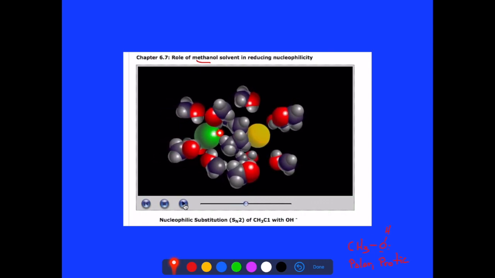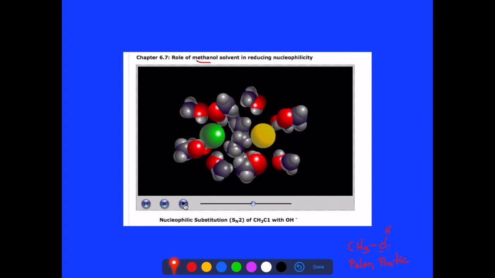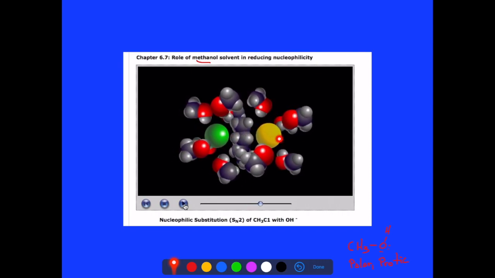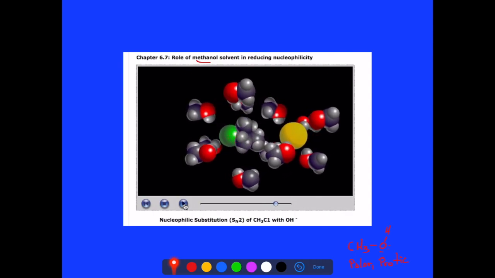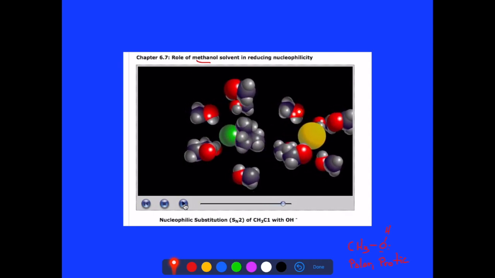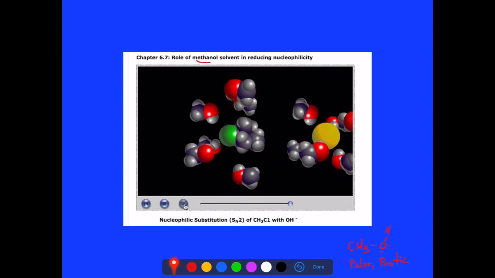Eventually, the OH does come in, it reacts through an SN2 mechanism, and the chlorine goes away. Just like chlorine, the methanol molecules are surrounding it. Because they have the ability to form hydrogen bonds, they are strongly attracted to things that are charged. Now, this isn't a true hydrogen bond, but the point is that their ability to hydrogen bond allows them to interact with other species such as Cl minus or OH minus more strongly.